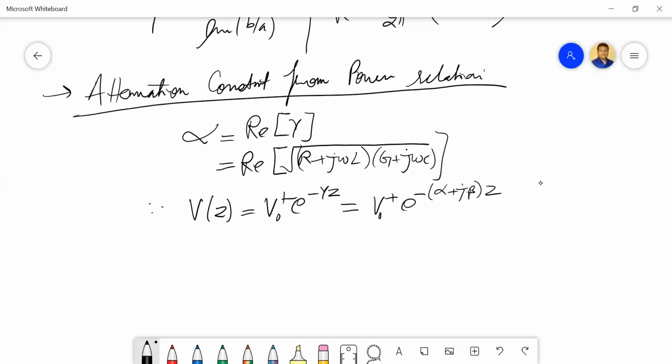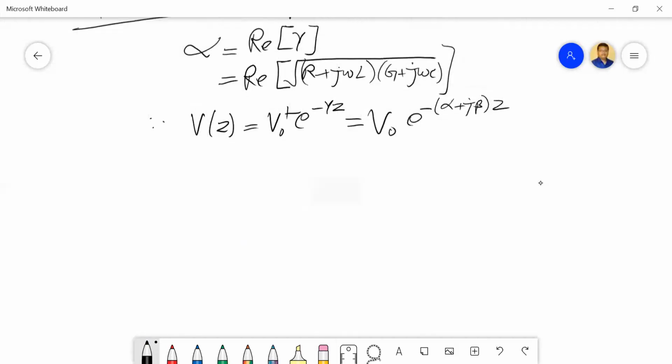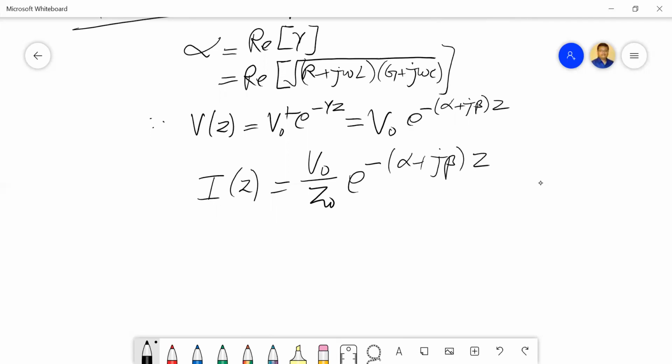Let us make it V naught only, because there are no reflections. Once we have Vz, you can also estimate Iz, and Iz is V naught by Z naught e to the power minus (alpha plus j beta) z. So now you have the voltage wave and the current wave.